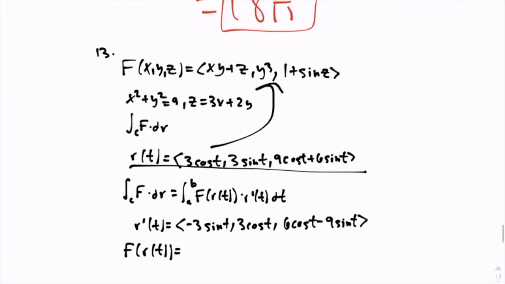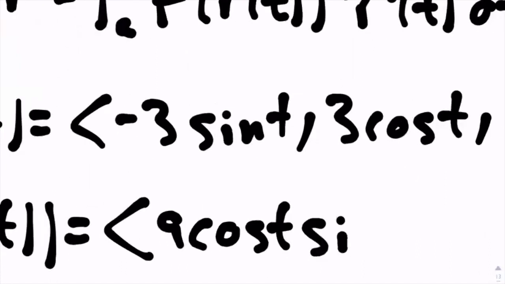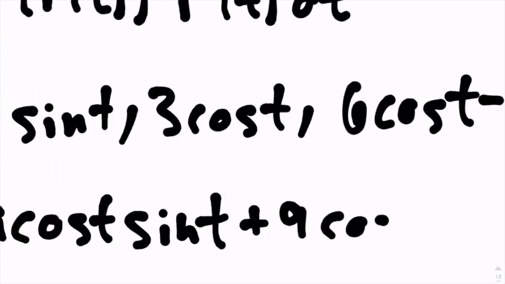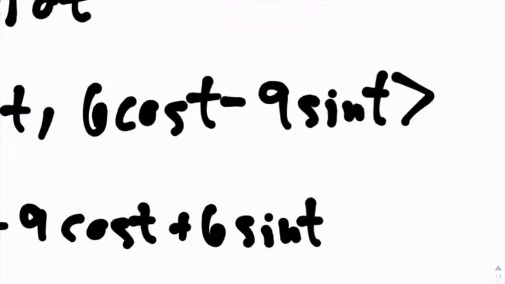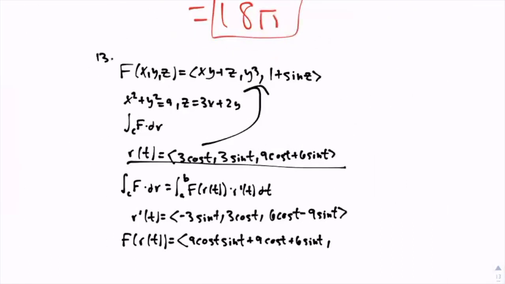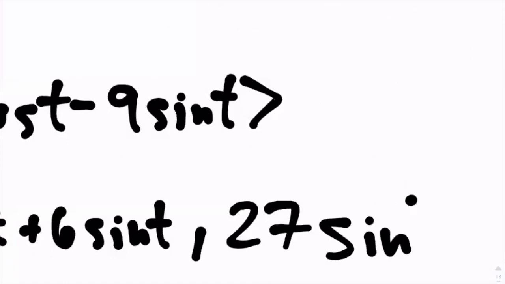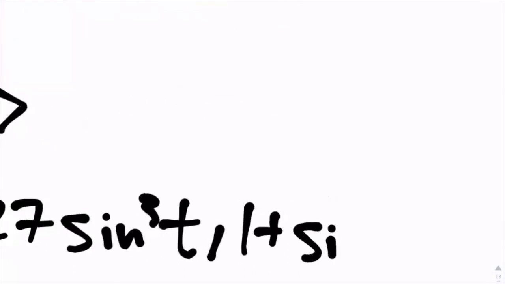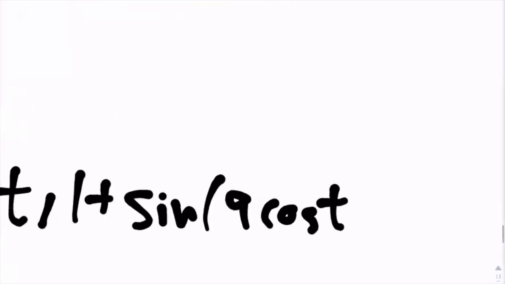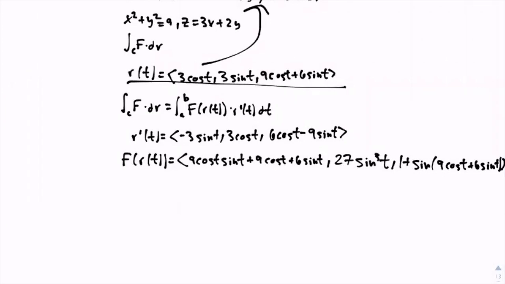We get 9 cosine t sine t plus 9 cosine t plus 6 sine t, comma, sine t cubed, so that would be 27 sine cubed t, comma, 1 plus sine of 9 cosine t plus 6 sine t.